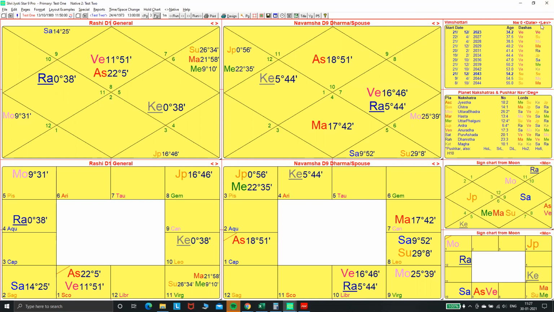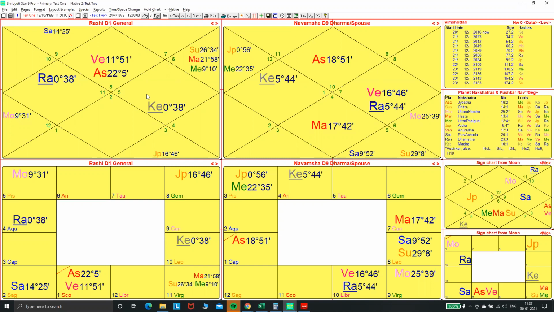So now I want you to look at the Dasha period, and I want you guys to focus on the Ketu period. This person started with the Ketu period in December 2016. If you go back and look at the D1, Ketu is placed in the 10th house, in the sign of Leo, which is owned by the Sun.